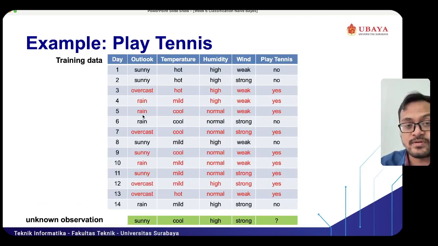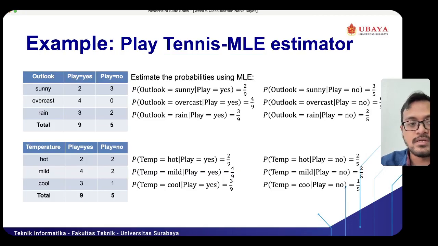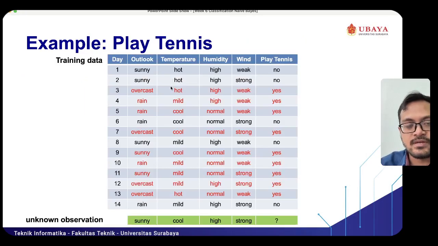So we write here sunny, overcast, and rain, and for our previous data set we calculate how many conditions have the outlook sunny and also playing tennis equal yes.